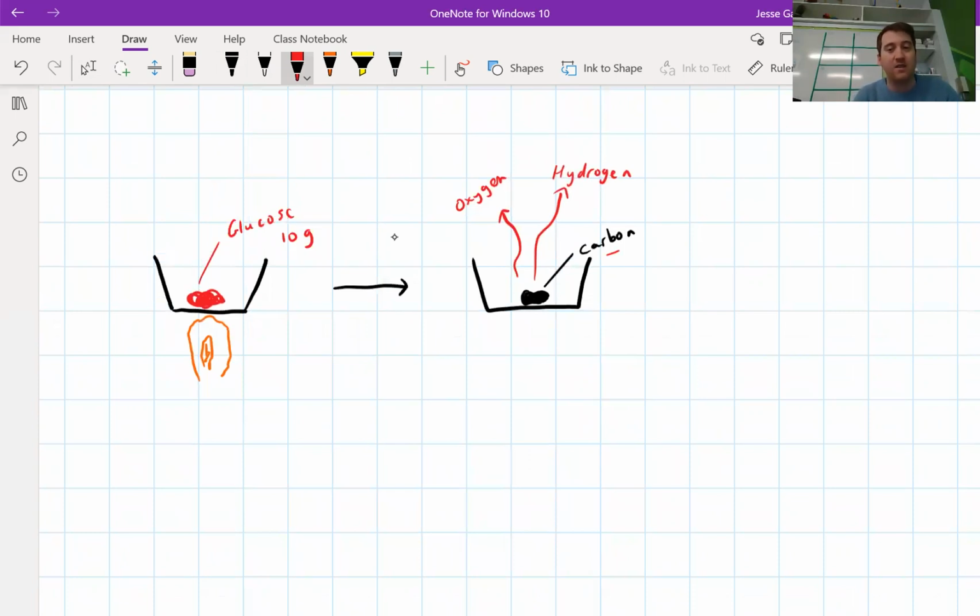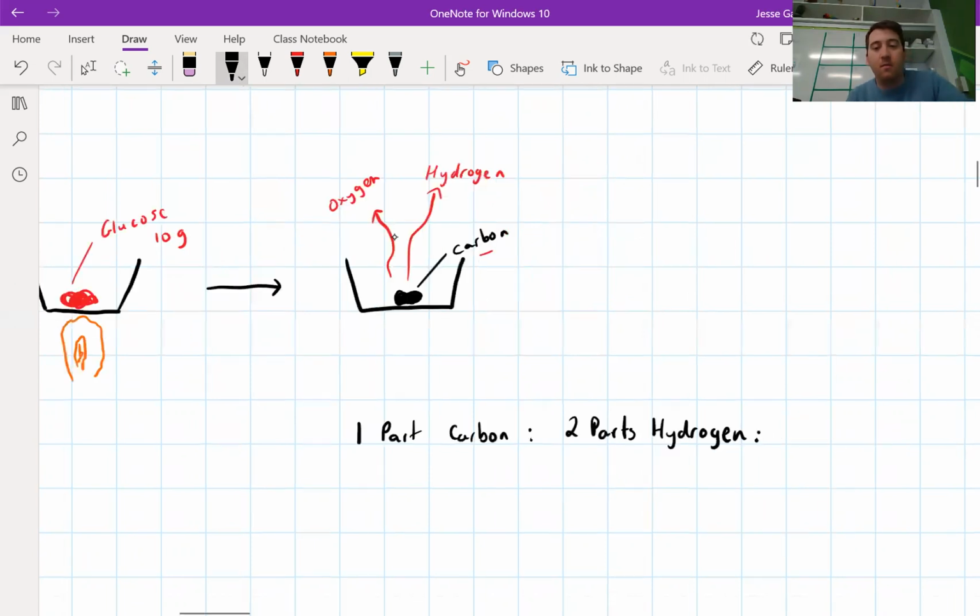They collect these two gases and measure them, and by measuring the different quantities produced in this reaction, they would be able to work out that glucose was made of 1 part carbon to 2 parts hydrogen to 1 part oxygen.